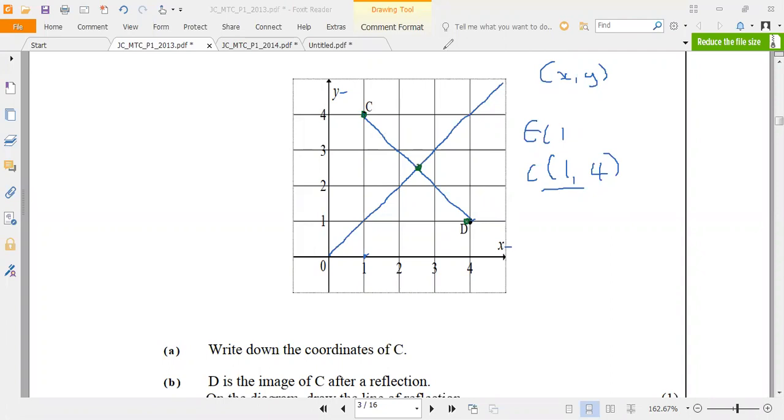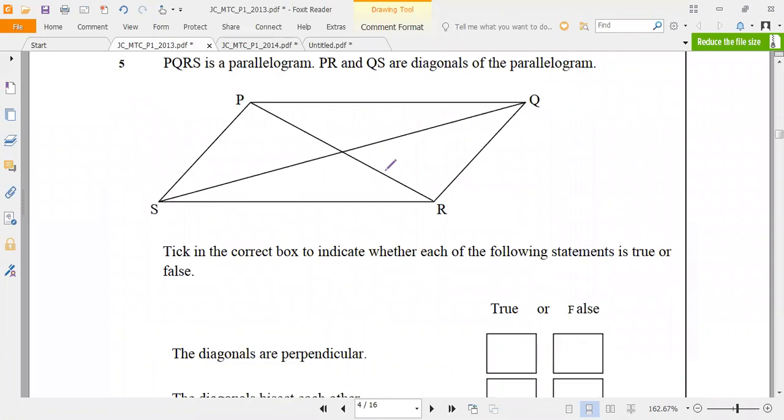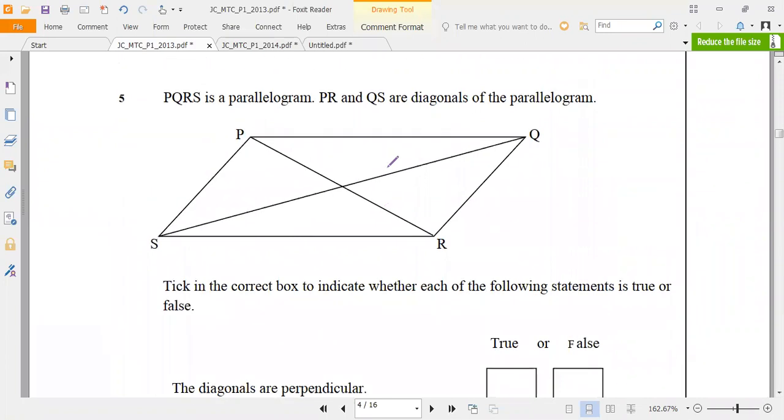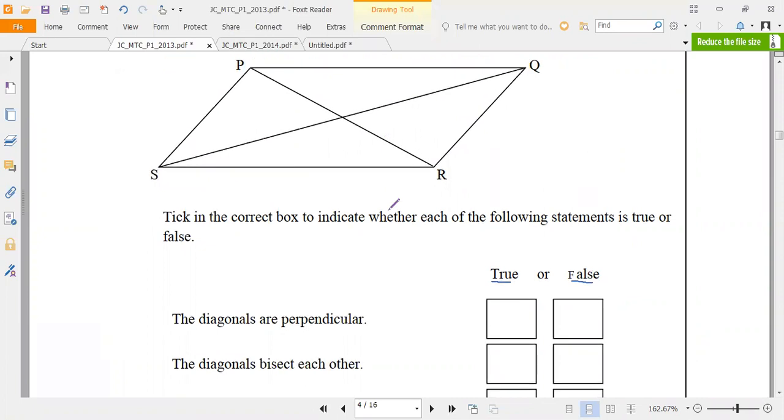Yes, so if we move on to the next question, we have a parallelogram here, but this one you can try on your own. Give yourself a challenge and pause a bit and try this one on your own. It's just a question of writing true or false. So you should be knowing the characteristics of the diagonals of a parallelogram.